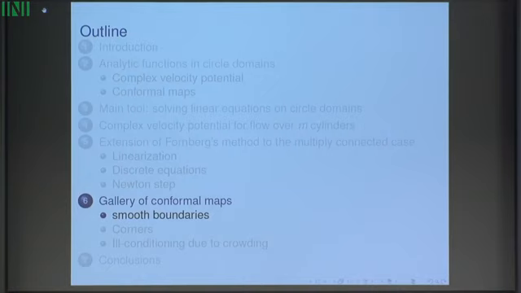Even with smoothing corners, getting more than a couple digits accuracy is pretty difficult. And then there's another general problem which Nick talked about, the ill conditioning due to crowding. I'll show some pictures of that in both the simply connected and the multiply connected case.